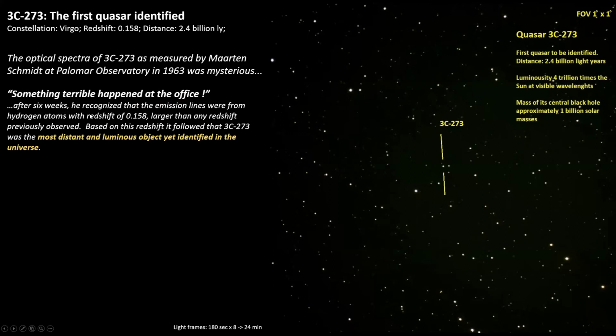So the optical spectrum of 3C273 was measured by Martin Schmidt at Palomar Observatory in 1963. I might point out that maybe Scott Dixon on his way to the Sierra drove up 395 near Bishop. And if you look out to the east, you can see the Caltech radio observatory out there.